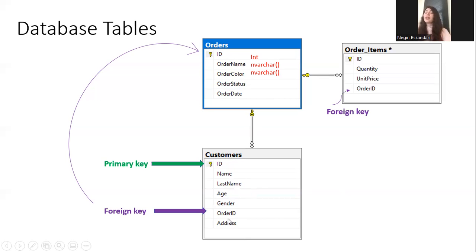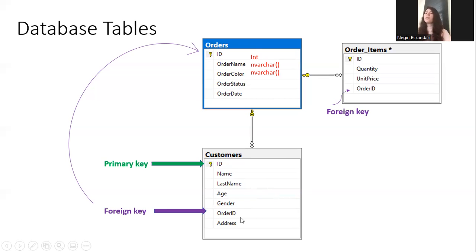What about order ID? Order ID is the same here and here, but in the orders table, it's necessary to be filled. That's why we set it as primary key, as you can see in the picture of it. But in customer's table, maybe one customer orders several items, maybe she doesn't or he doesn't.